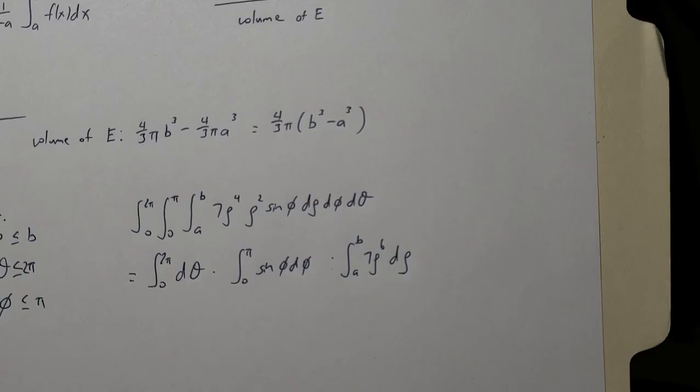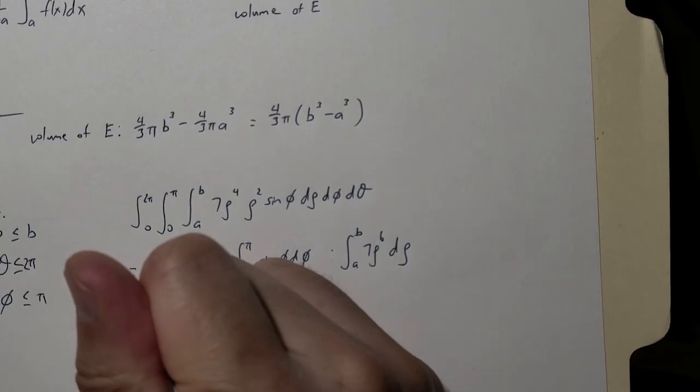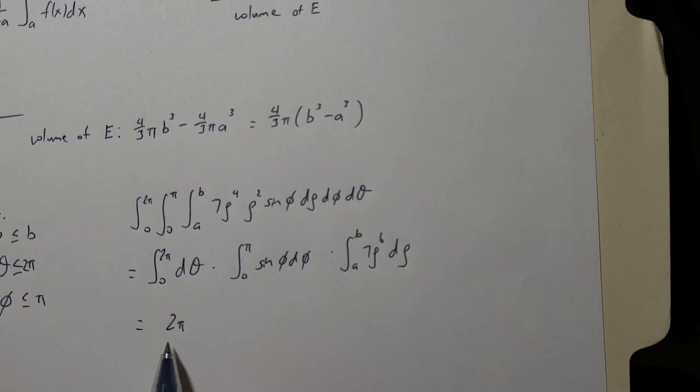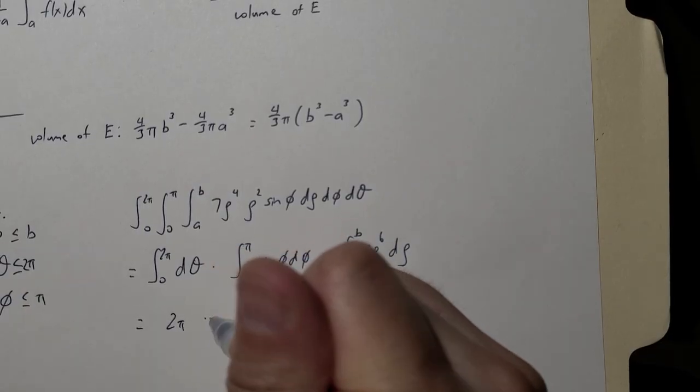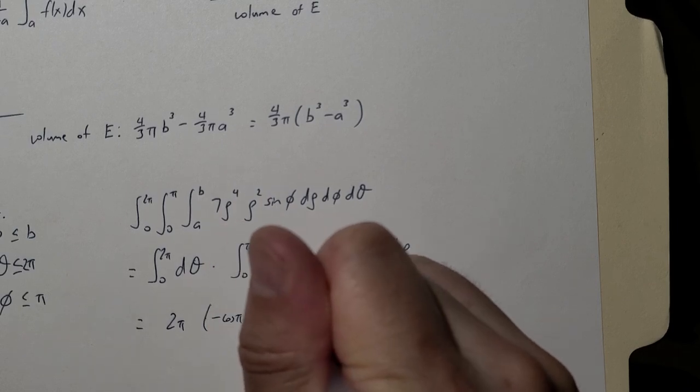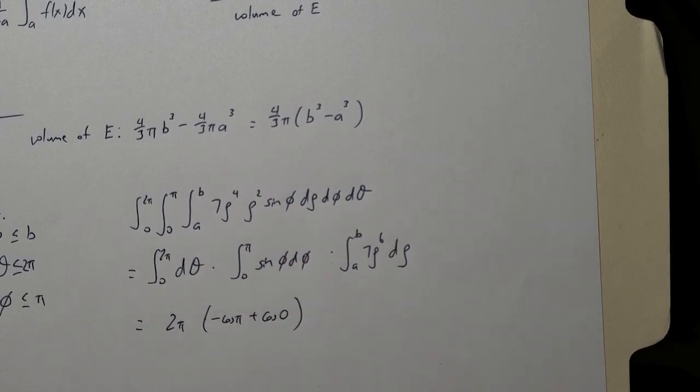Okay, so this integral is just 2 pi, because it's theta evaluated from 0 to 2 pi, so 2 pi minus 0, which is 2 pi, yeah? And then this one would be minus cosine pi plus cosine 0, okay?